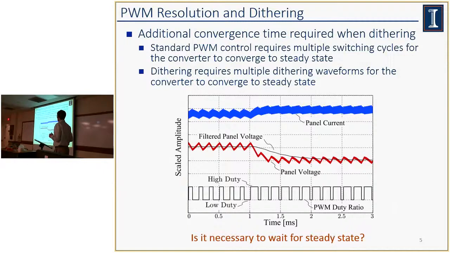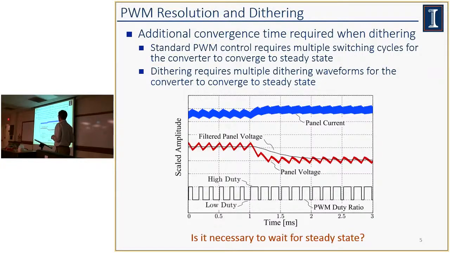And this is basically a filtered panel voltage, which is what our actual control will be based upon. And we can adjust the time constant of this filter so that it exactly tracks the average magnitude of the panel voltage.